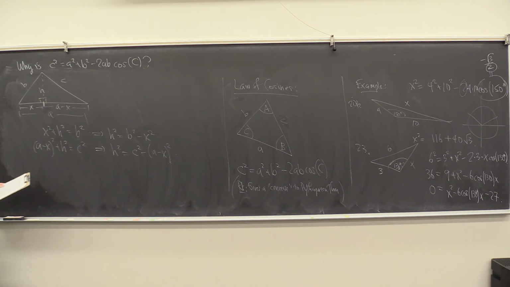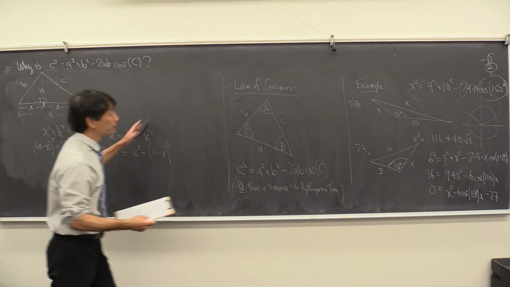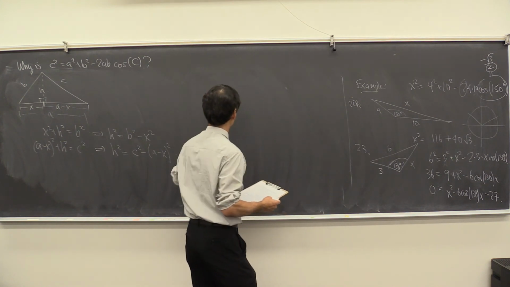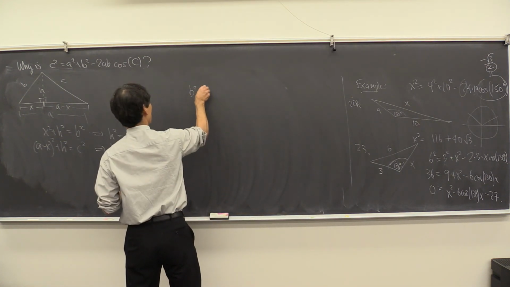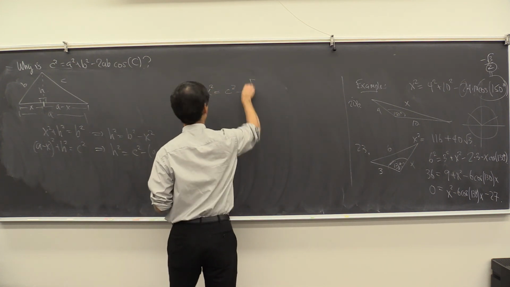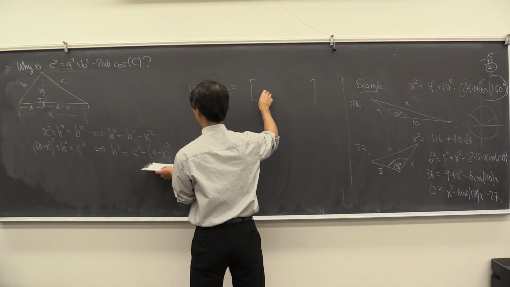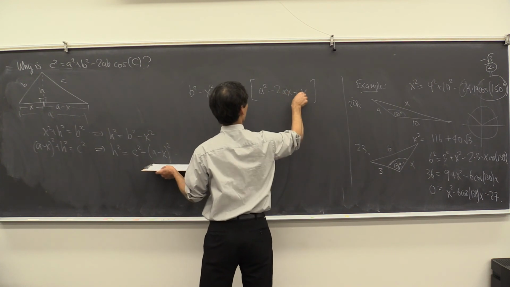Right? Okay, so let's set those things equal to each other. B squared minus x squared equals c squared minus that thing squared. Well, that's a squared minus 2ax plus x squared.